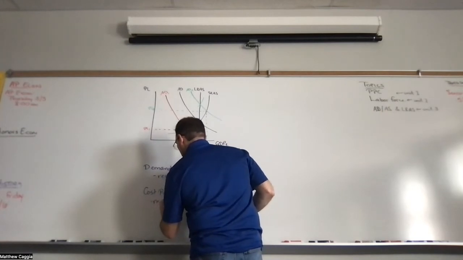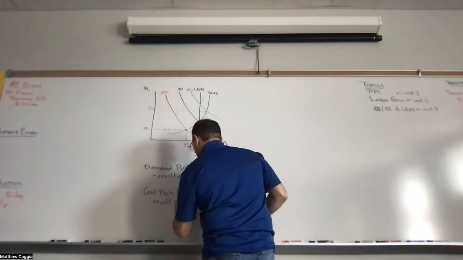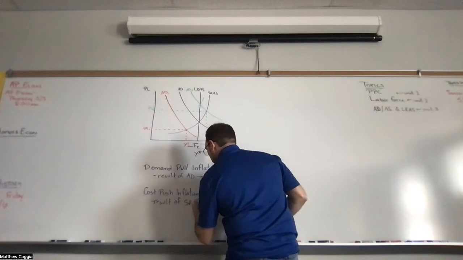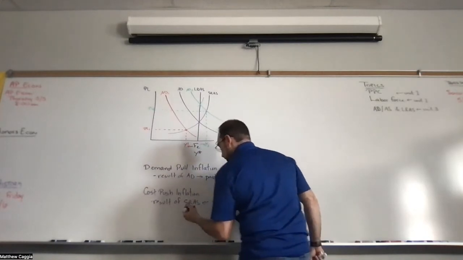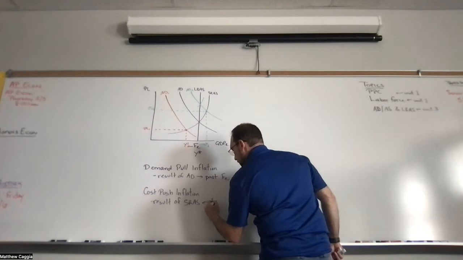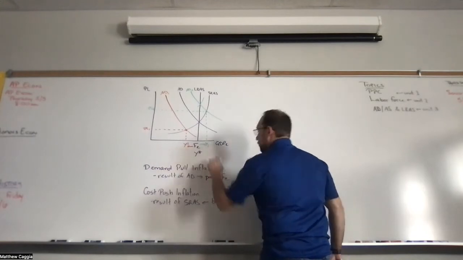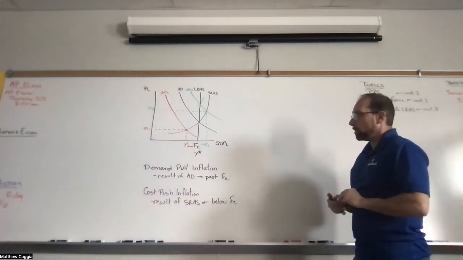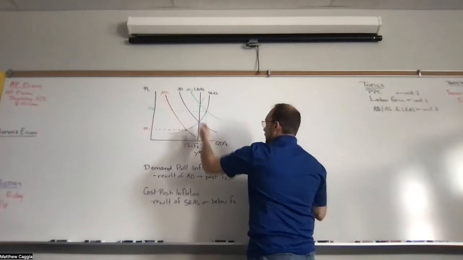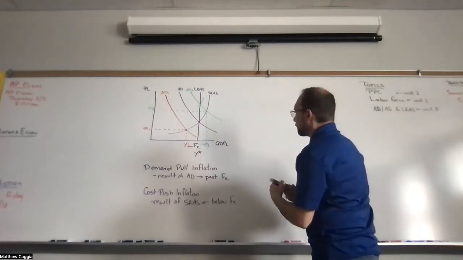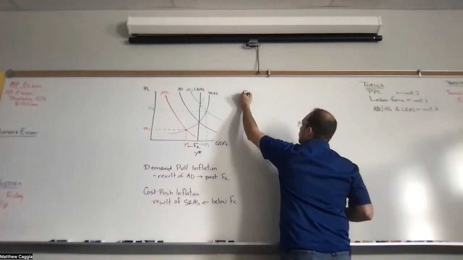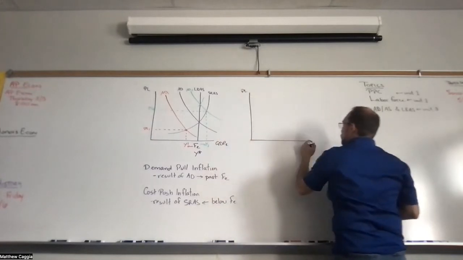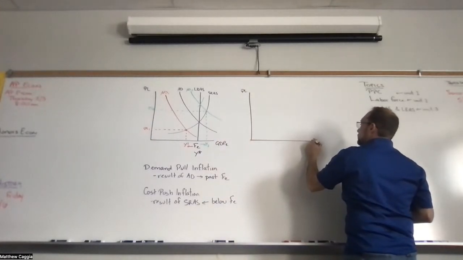is a result of, let me put all the letters there, short run aggregate supply moving to the left below full employment. So that's below full employment. And when that happens, again, the intersection, I'll have to draw a different graph for that. And I'll just draw one aggregate demand curve and two short-run aggregate supply curves.